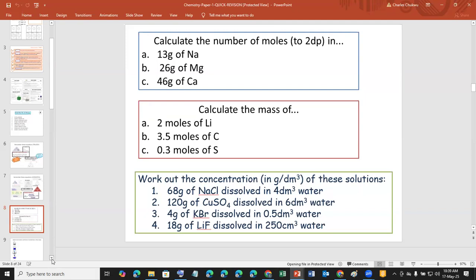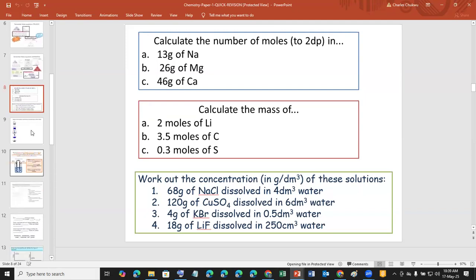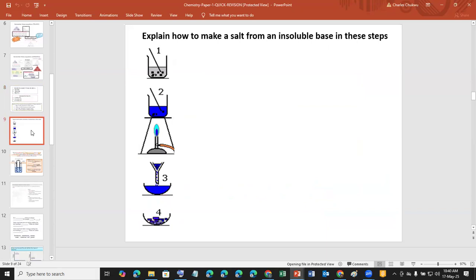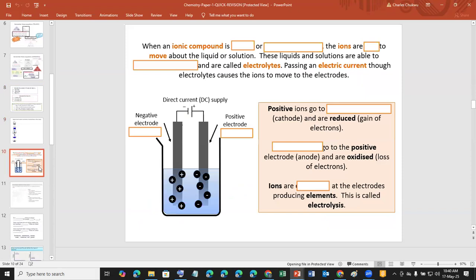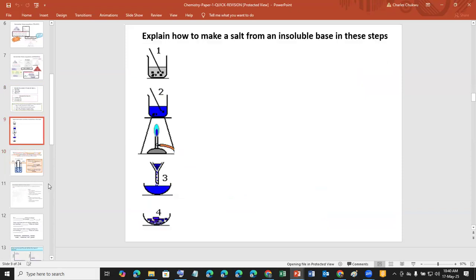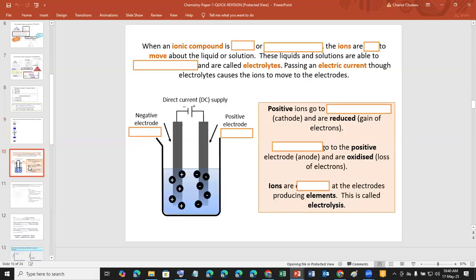So maybe we'll just move on. Okay, this next one suggests an experiment. I'm not too sure which experiment it is, but it looks like this one is not too detailed.